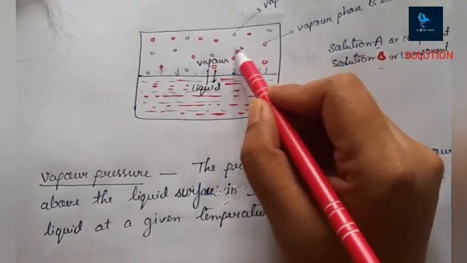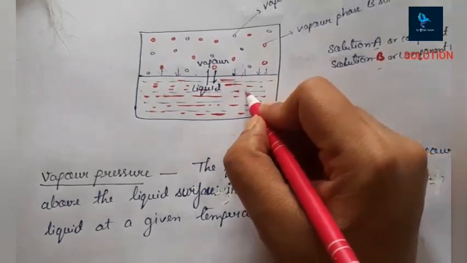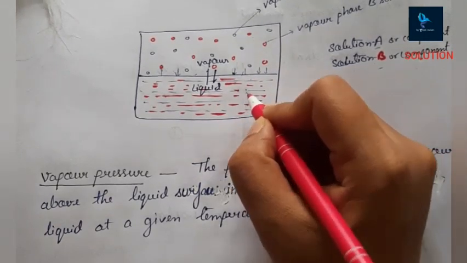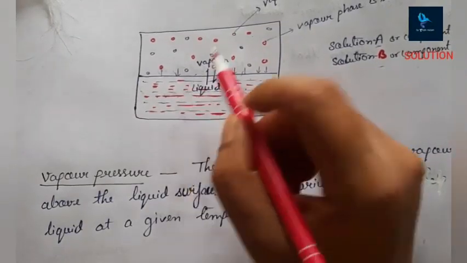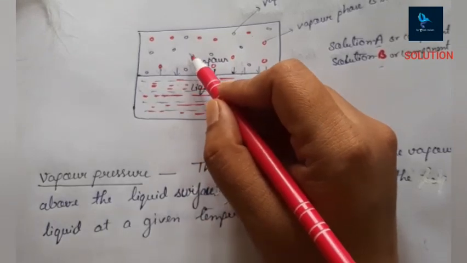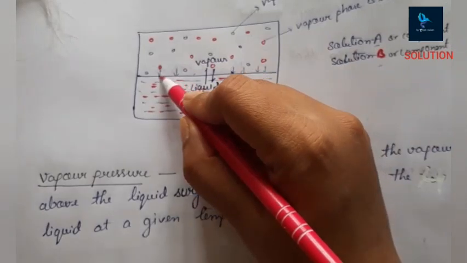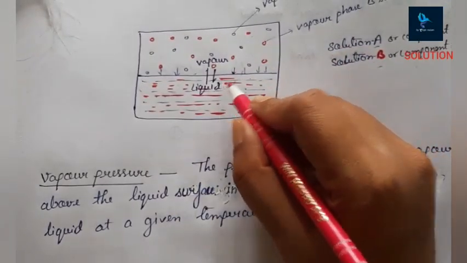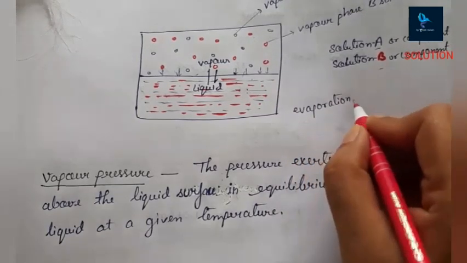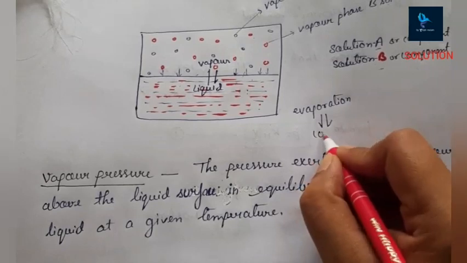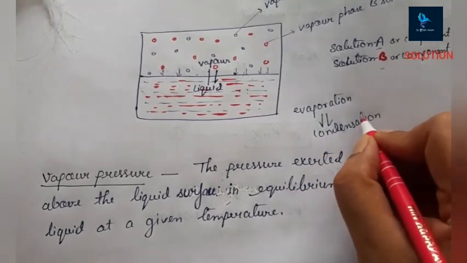Here these vapors get condensed and go back to the liquid solution, and the liquid evaporates and converts into vapor. So you can also show the equilibrium between evaporation and condensation.